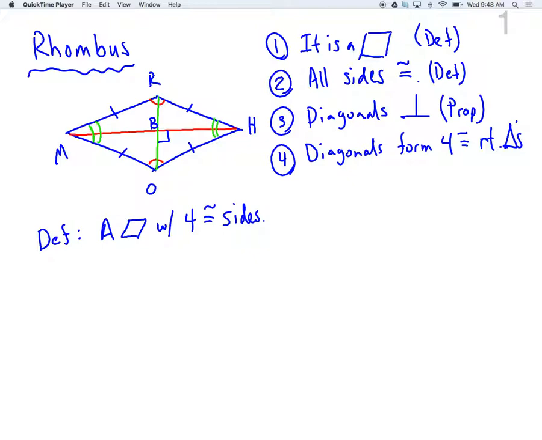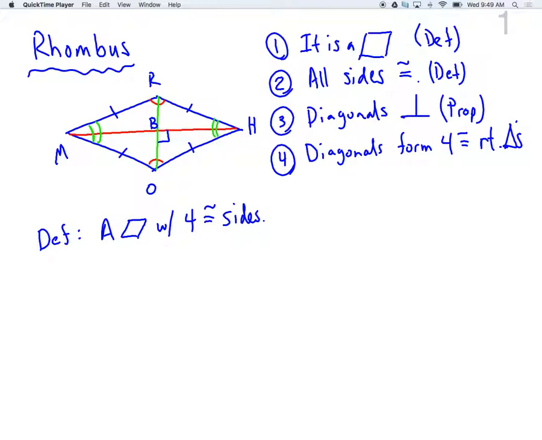You said, what do you got? Also, isn't the midpoint the same distance from all the midpoints of the sides? No. If I understand you correctly, are you saying that RB, OB, MB, and HB are all congruent? No, like B is the same distance from all the midpoints of the sides.